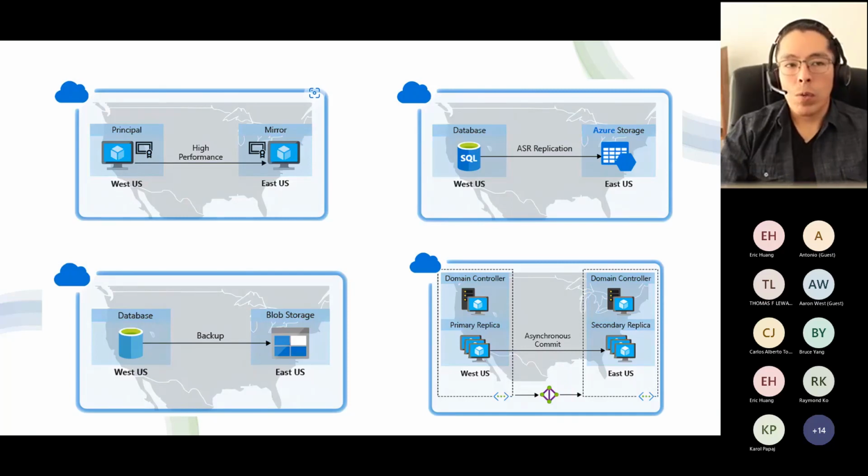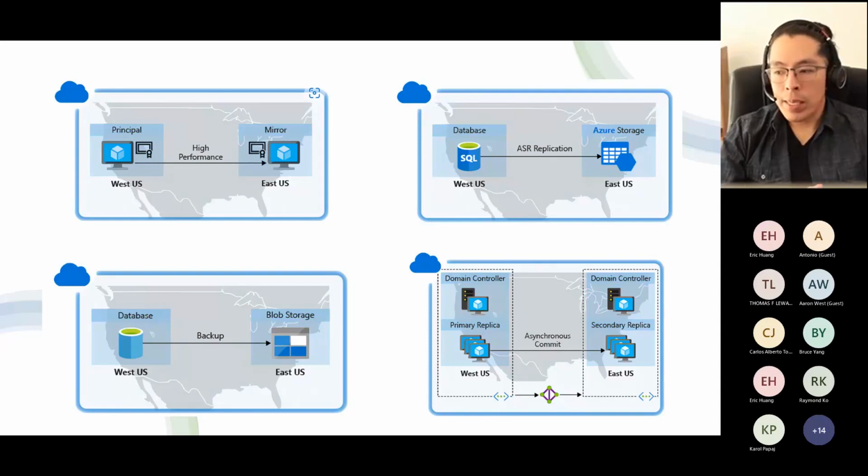We can work also with replication from an Azure SQL database to an Azure storage, for example. We can work with backups in different regions as well, and we can work with Always On. Everything here, you can see, is going to work within Azure, right? Those scenarios, all of them are on Azure.